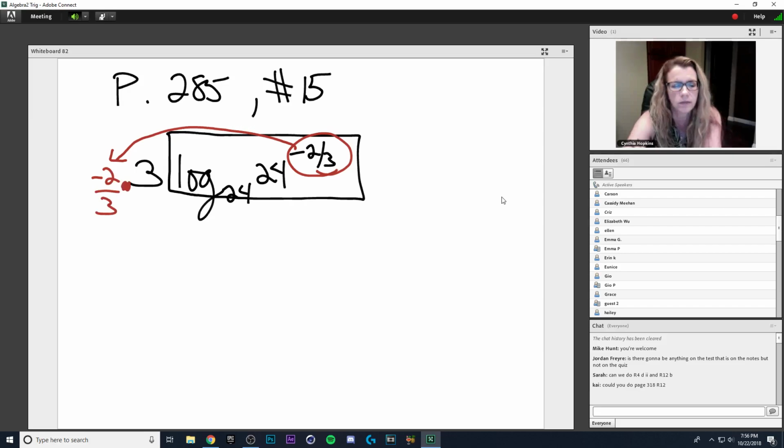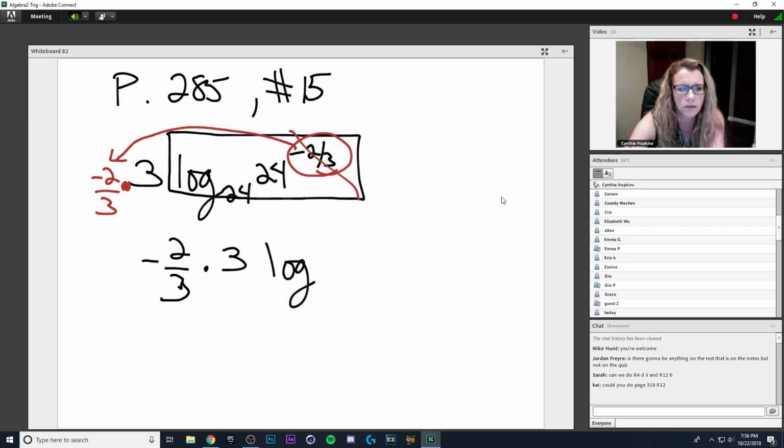So times, that's my red dot right there, my big times sign. When I whistle that over, now it's in front, it's no longer here. So I've gotten rid of that exponent. Let me rewrite what I have right now. I have negative 2/3 times 3 times the log base 24 of 24.